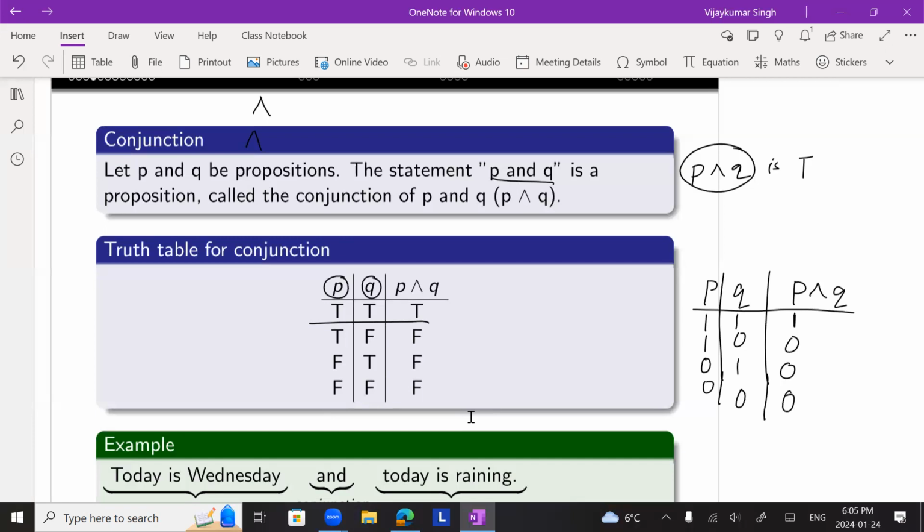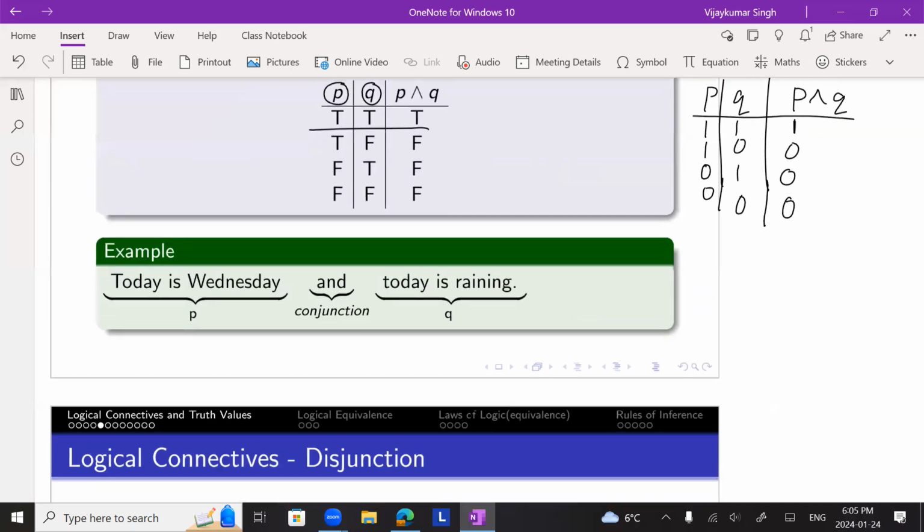In terms of zeros and ones, this is the table. Note that at the end of the day, your combined statement P and Q itself has a true or false value associated with it. Does it make sense?